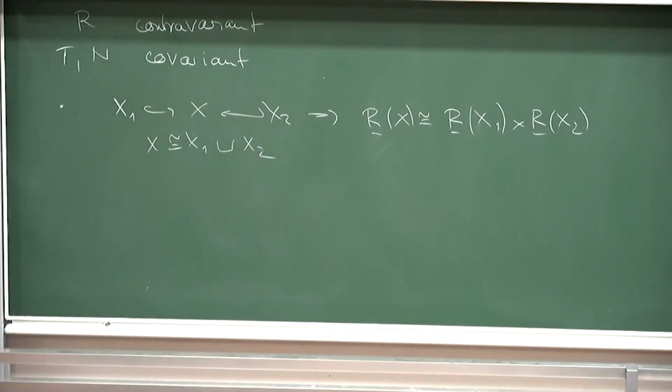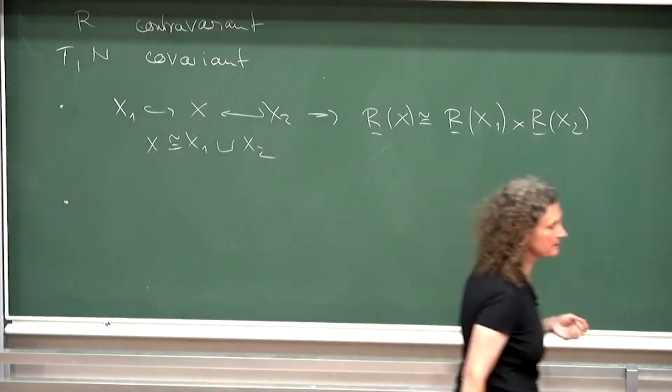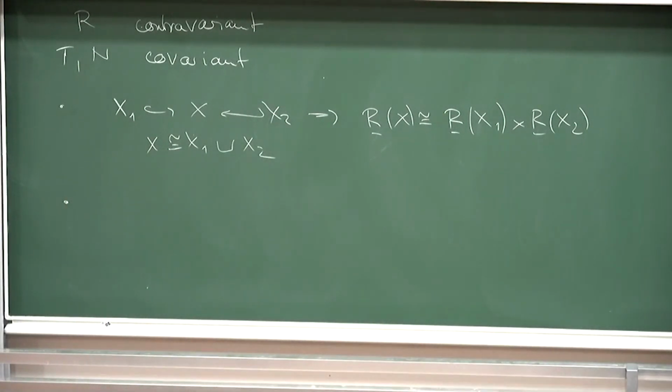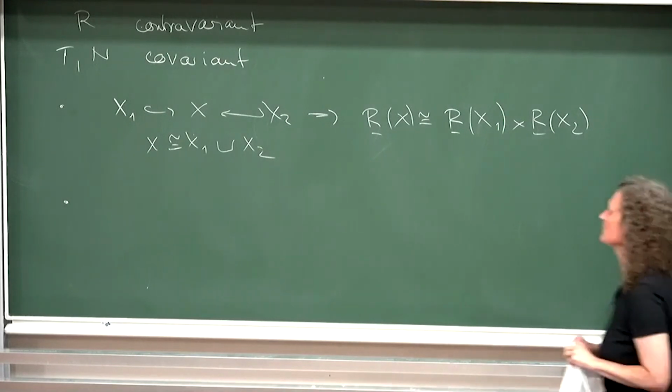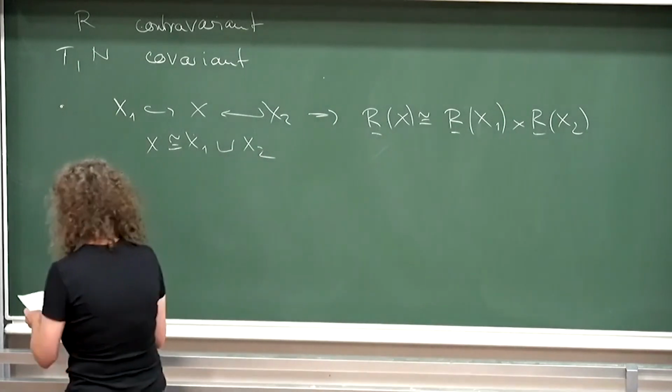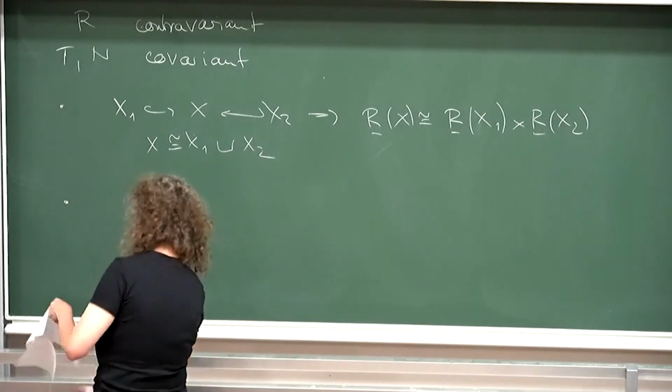This is one thing. And then you want to know how restriction, trace, and norm interact. For this, you look at certain pullback diagrams, and I always mess this up, so let me fix the notation.